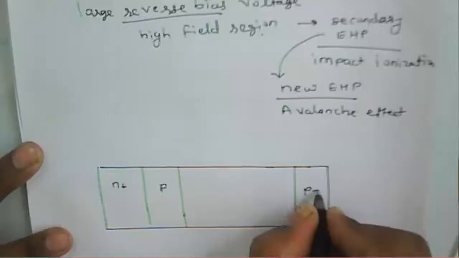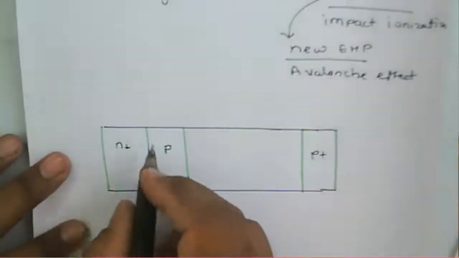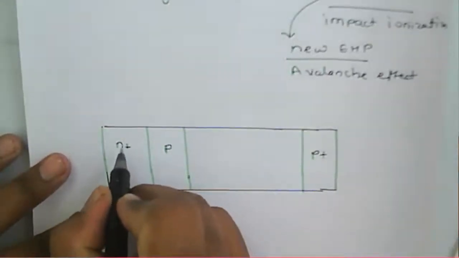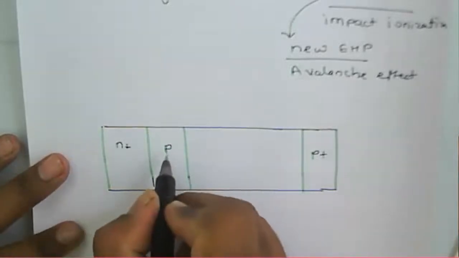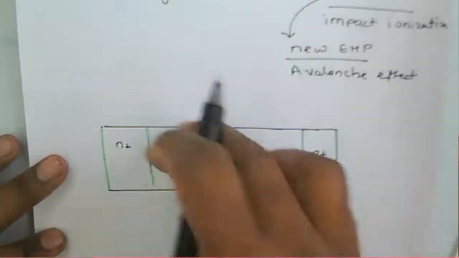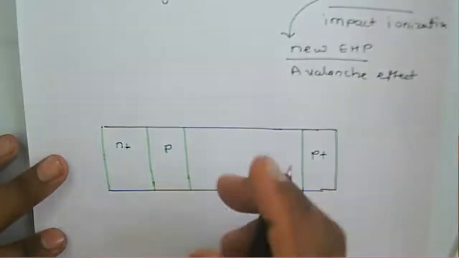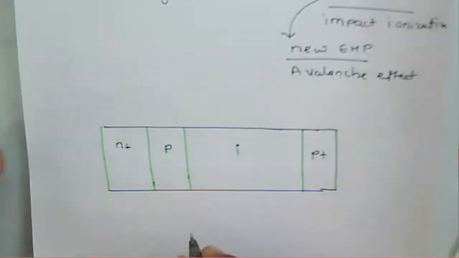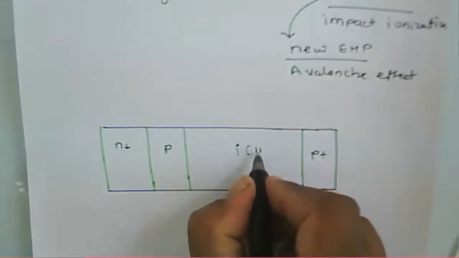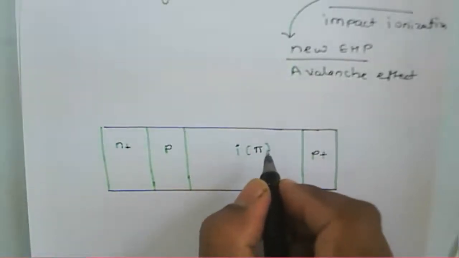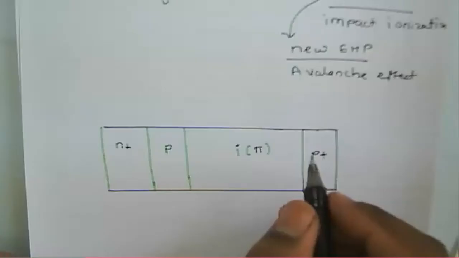Plus means highly doped. N+ is highly doped, P+ is highly doped, and this P is lightly doped. And this one is the intrinsic layer, or some books mention a pi layer for this diode.